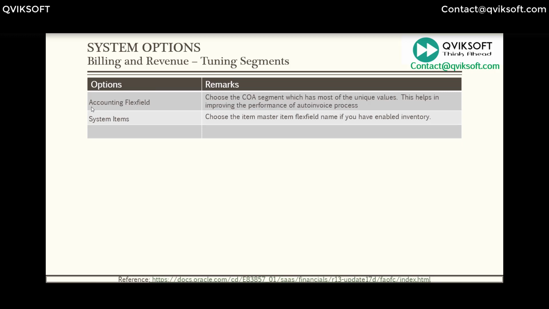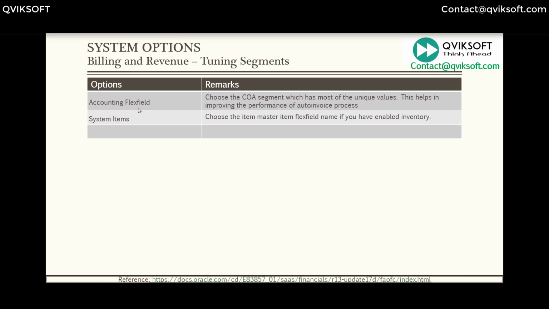These are again related to auto invoice only, tuning segments. When the auto invoice program is taking too long to complete and you have thousands of invoices to import, then you specify which is the most used segment, the segment with more variety in your chart of accounts.